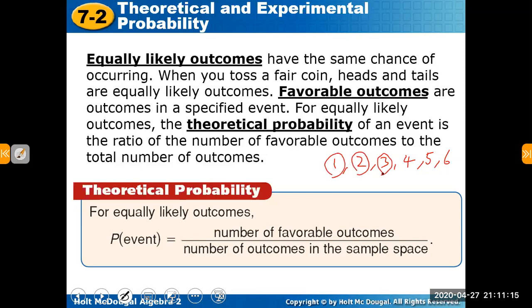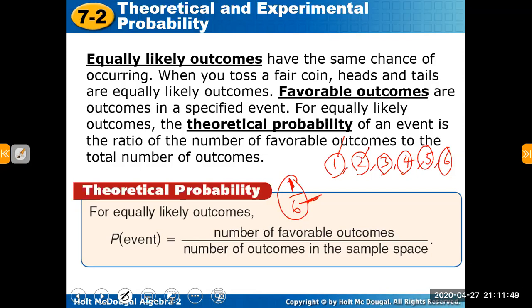That means each number has a 1 over 6 probability or chance of coming up. So each number has the exact same chance of coming up. For the number 1, we have 1 over 6. For the number 2, the chance of it coming is again 1 over 6, and so on for all the numbers on the number cube.